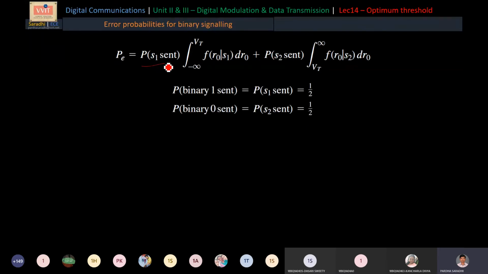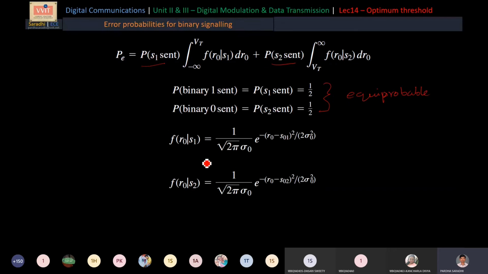First of all, these two probabilities can in general be anything, but for simplicity we consider the bits to be equiprobable. And these density functions, as we have already explained, the noise is the cumulative effect of all types of noises, modeled by Gaussian noise.